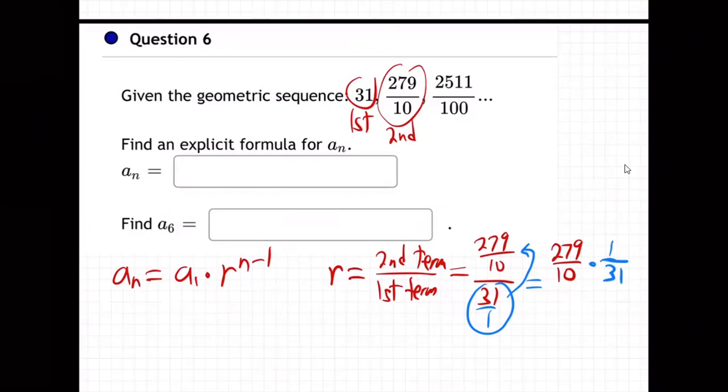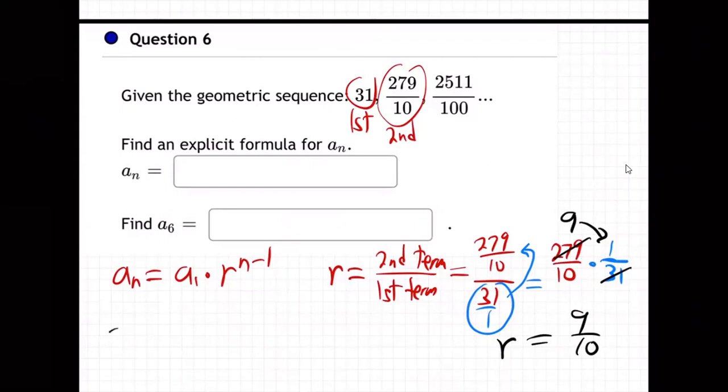To divide by 31 over 1 is the same as to multiply by its reciprocal. Okay, and then I think that'll cross cancel, won't it? Use your calculator. 31 goes into 279 nine times perfectly. So this becomes 9 times 1 over 10, 9/10. So the ratio, the R, is 9/10.